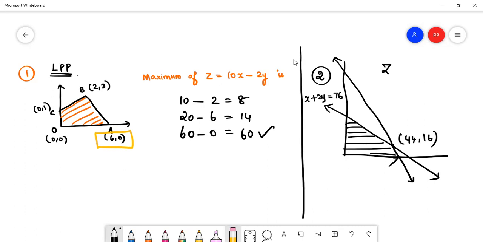So they're asking you, z is equal to 5x plus 2y. Find the maximum value again. The equation of this line is 2x plus y is equal to 104. So this point is 52, 0. Yes, 52, 0.